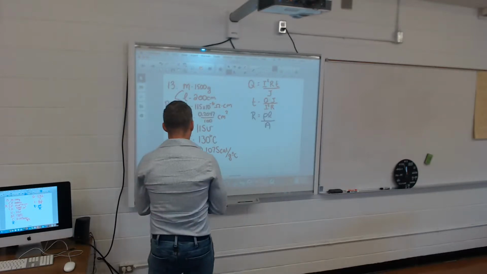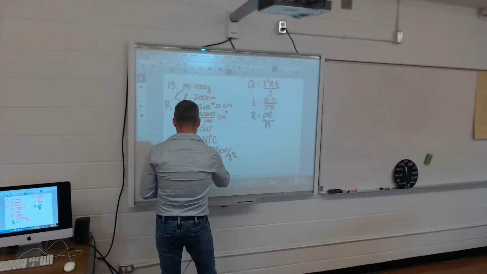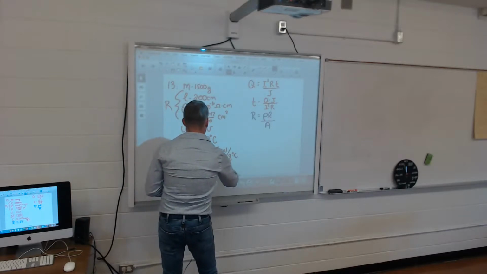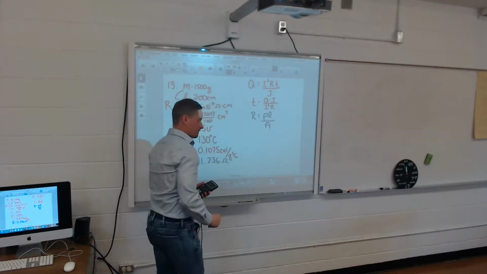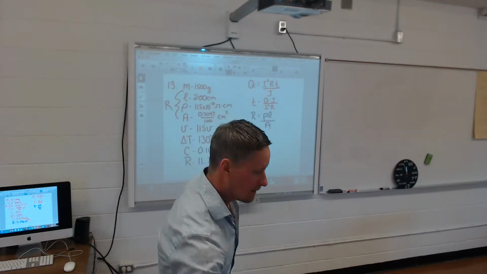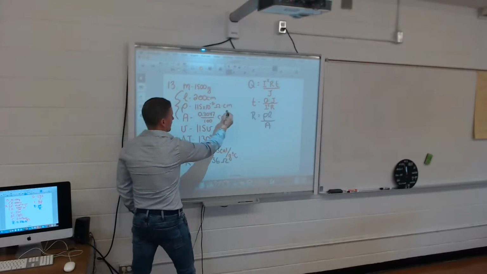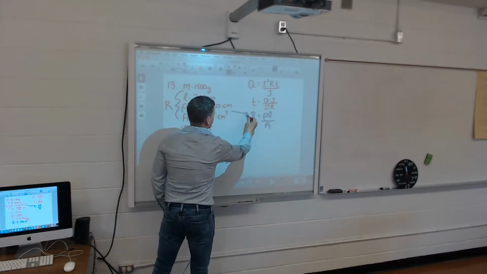So I get my resistance to be 11.236 ohms. I'm using these three right here and putting them into that equation.